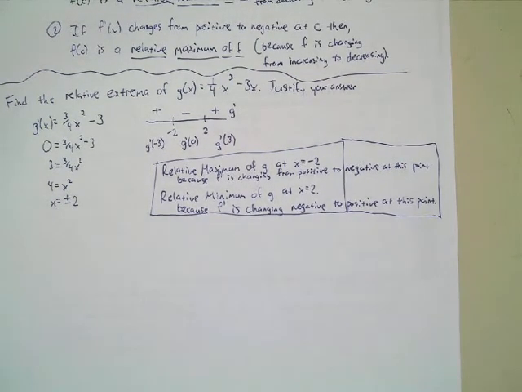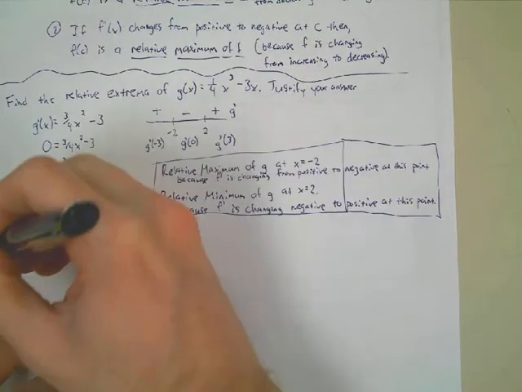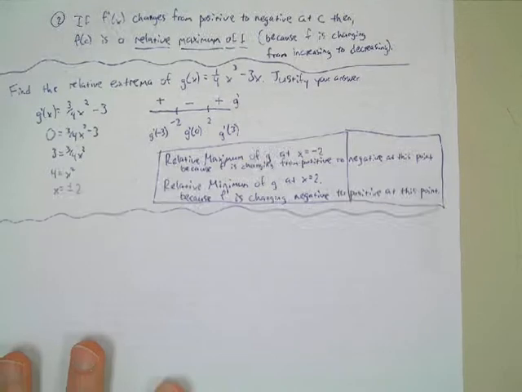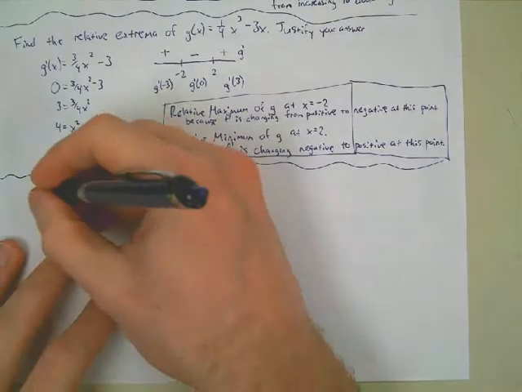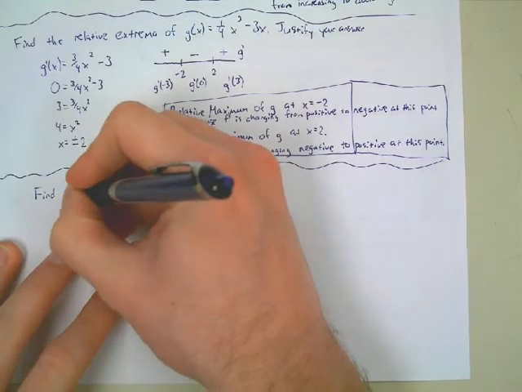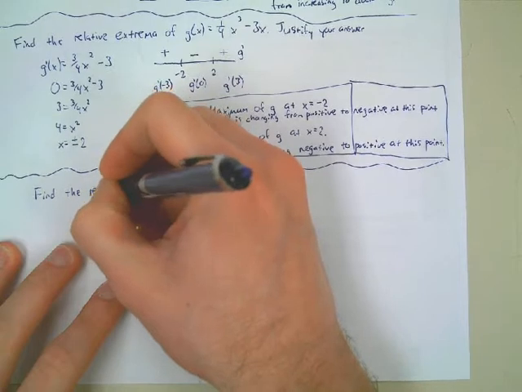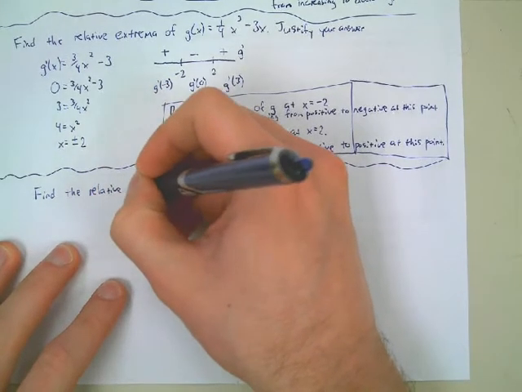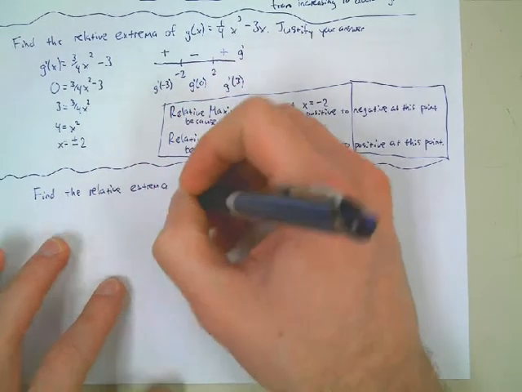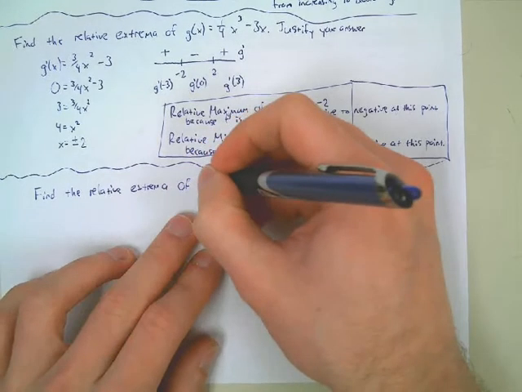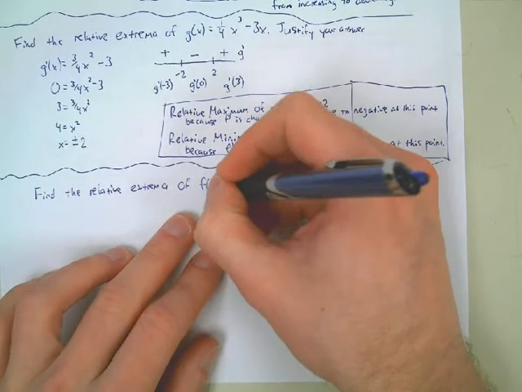Let's try another one. Oh, Callie, go Callie. Let's do it. Okay, find the relative extrema of f of x equals x e to the x.